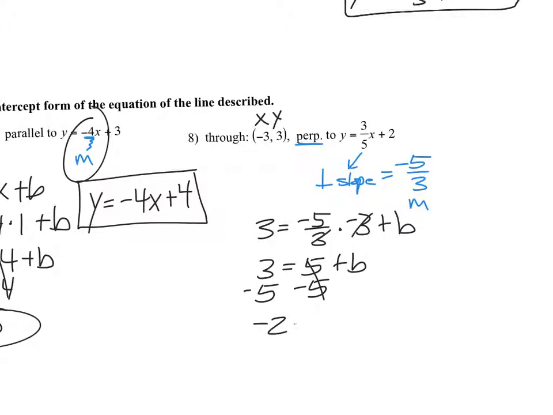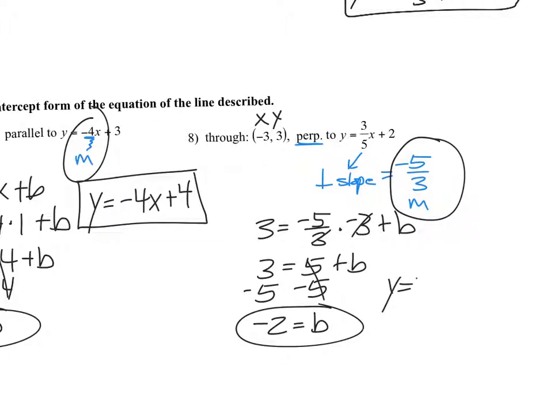So that's -2 equals my b. And here's my m. So now I can write the equation. Y equals mx and then my b. And there's the equation of a line perpendicular. Okay, so the difference perpendicular, remember you got to take that slope that they gave you and flip it and change the sign.